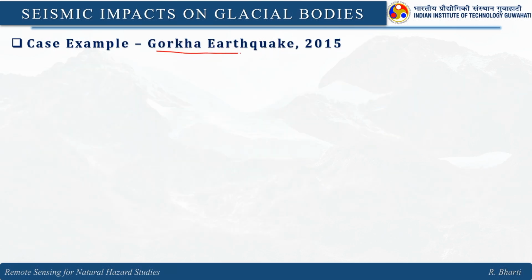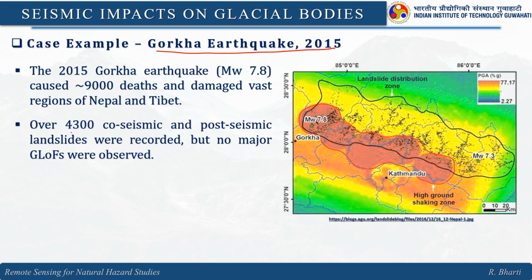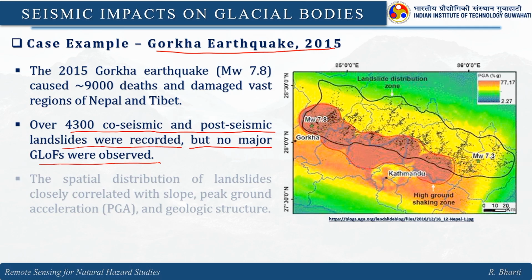This is another example from the Gorkha earthquake 2015. So, here you can see over 4,300 co-seismic and post-seismic landslides were recorded, but no major GLOFs were observed.